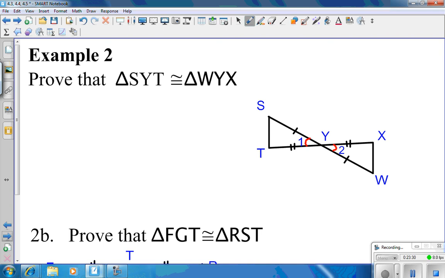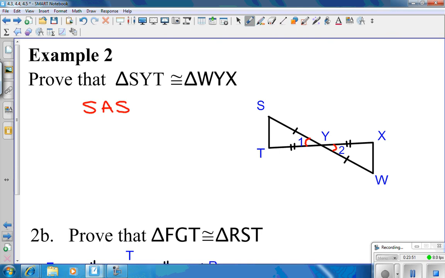That's side, angle, side. Is that one of my choices that I can use? Good. So I have side, angle, side. Remember the congruent statements. You're going to have to write them. Order matters. Make sure when you have to write your congruent statements, order matters.